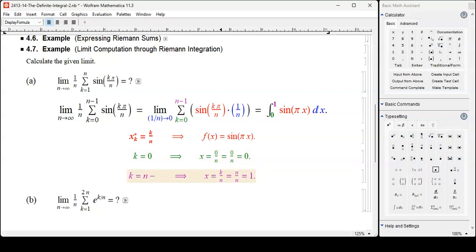K is ending at n minus 1, then k over n is n minus 1 over n, and that's going to 1. So 0 to 1, the same as before. So whether going from 0 to n minus 1 or 1 to n makes no difference in the end.